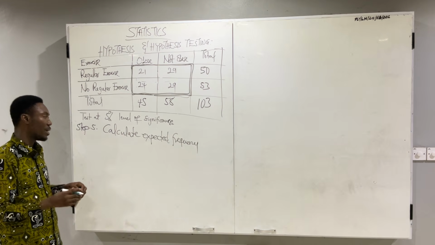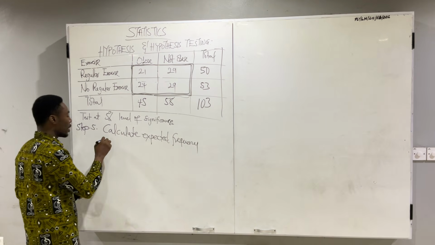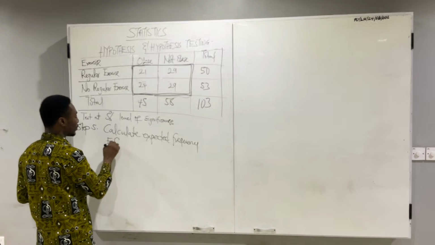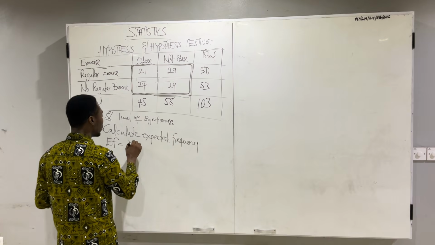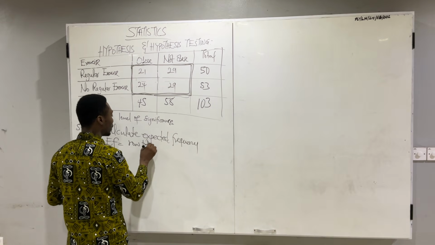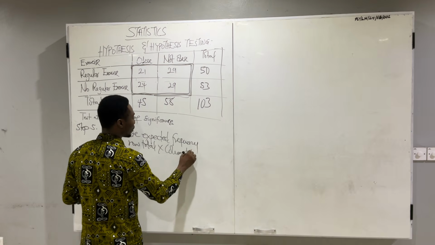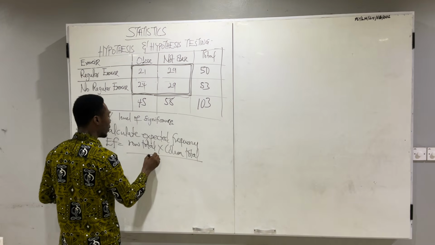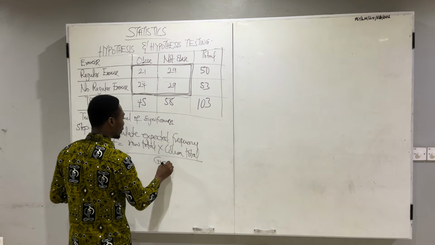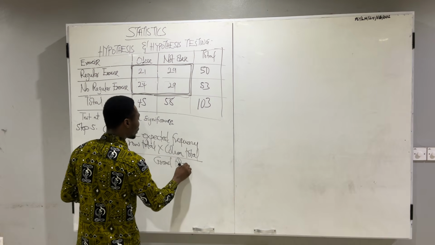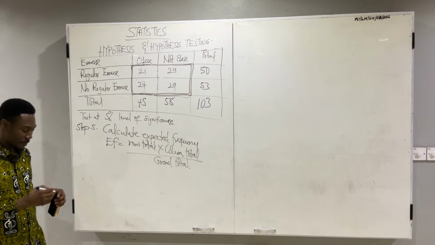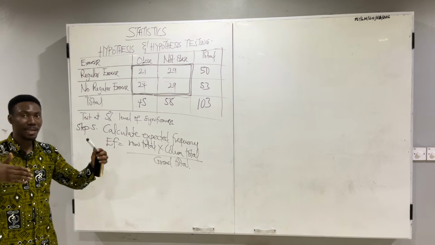Now, in step 5, we have a formula over here. Expected frequency is equal to row total multiplied by column total divided by grand total.